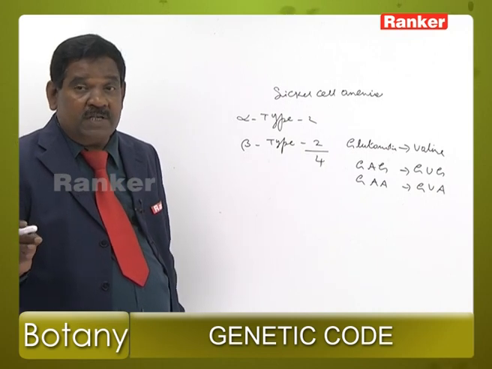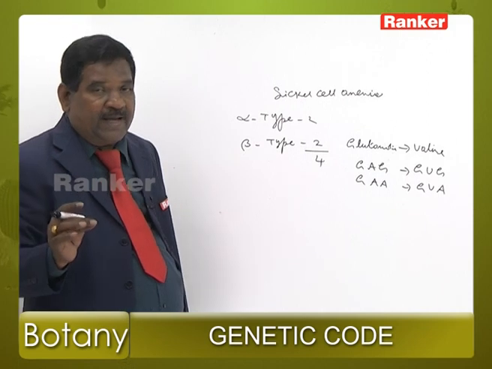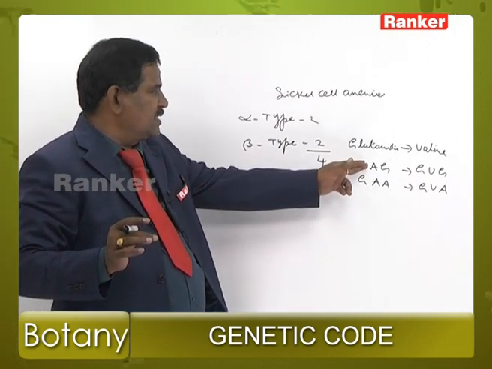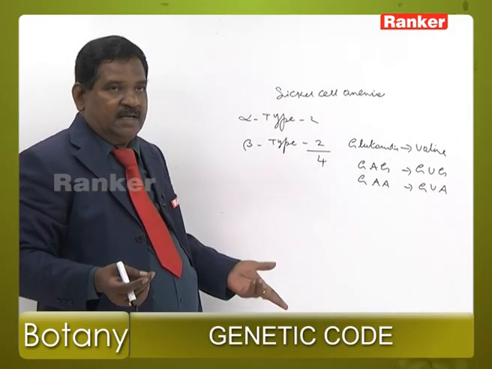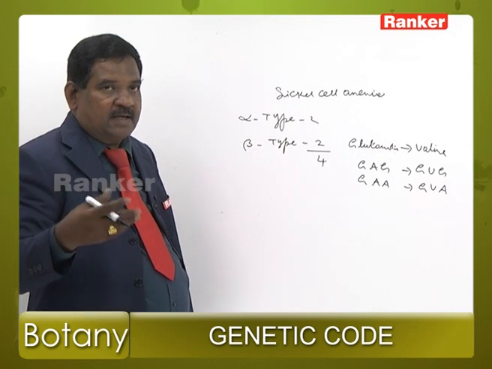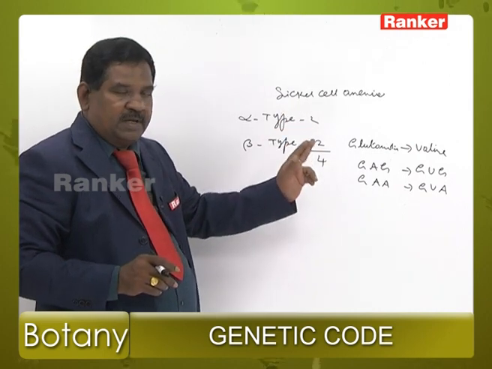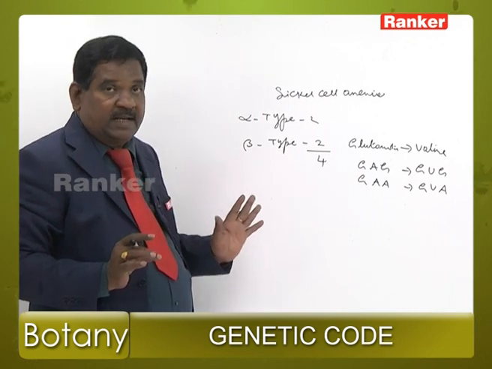What is a point mutation? A mutation is a change that occurs in one base pair. Suppose in this double stranded DNA, A changes, automatically in the complementary strand there is a T that also changes. That is collectively called one base pair. So any change in one base pair comes under point mutation. The best example of point mutation is sickle cell anemia.